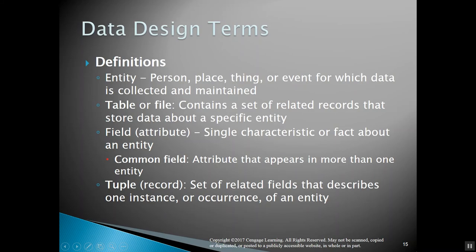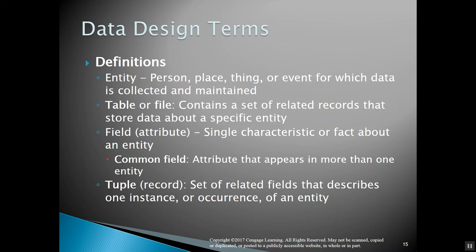So let's talk about terms when it comes to data. Now, an entity, we've talked about it before. We talked about an external entity as a person, place, thing, or an event for which data is collected or maintained. A table or a file contains a set of related records that store data about a specific entity.